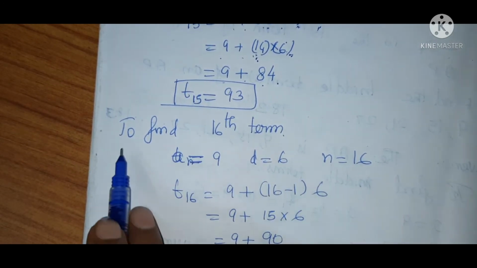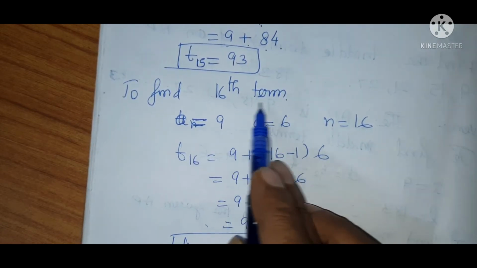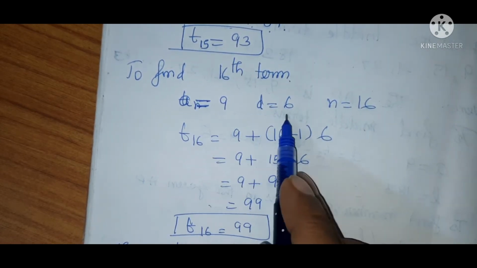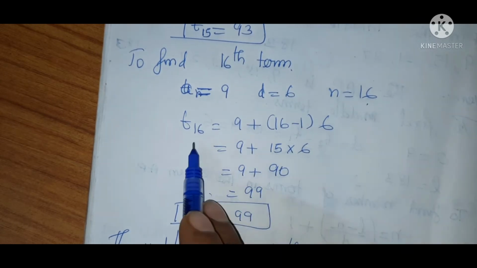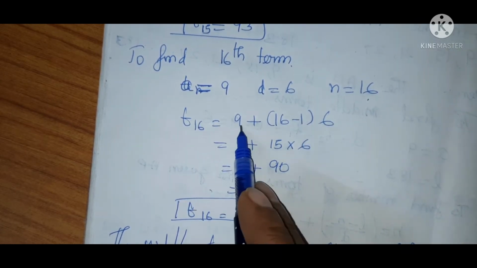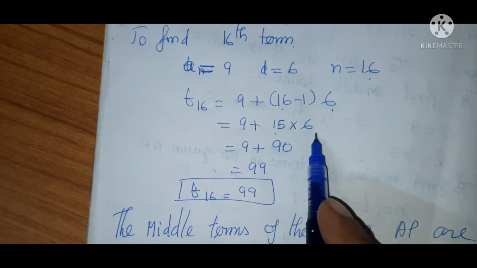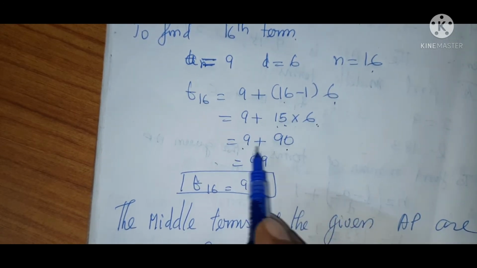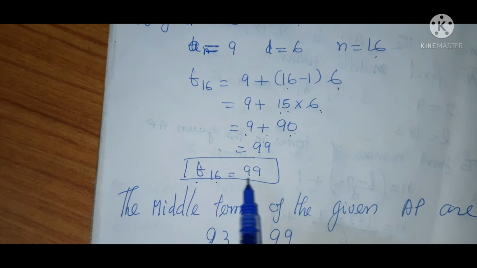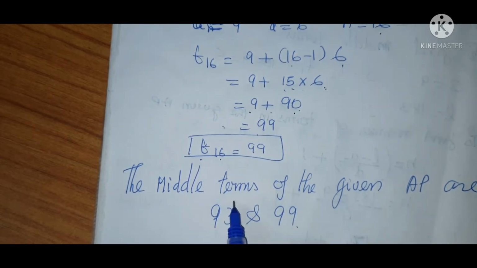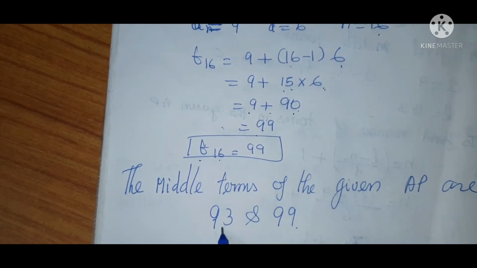T15 is 93. To find the 16th term, a is 9, d is 6, n is 16. T16 is 9 plus 16 minus 1 into 6, 9 plus 15 into 6. 15 into 6 is 90. 9 plus 90 is 99. T16 is 99. The middle terms of the given AP are 93 and 99.